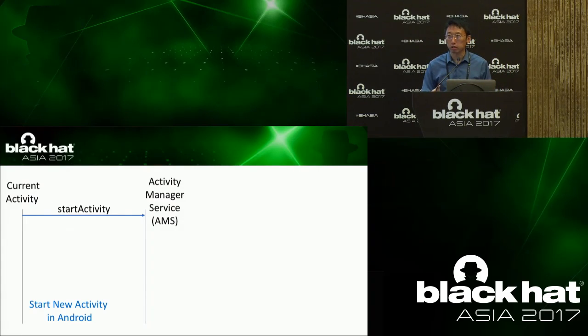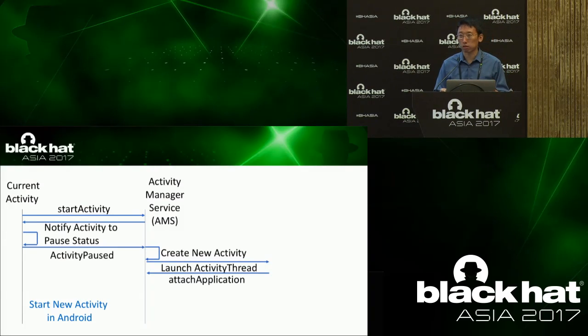In order to do it, it has to rely on a system service called the Activity Manager Service, or the AMS, which is provided by the system, and all the lifecycle management of the components, like the activity, is performed in this service. So the first step is for the current activity to invoke the function startActivity to notify the AMS to let the AMS create a new activity for it.